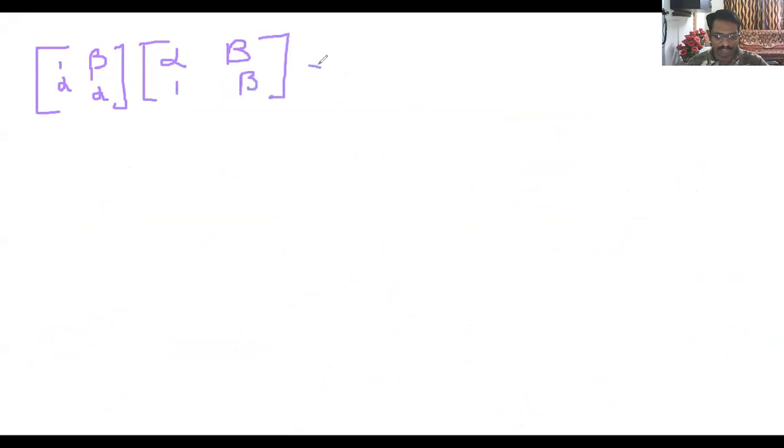So we start the multiplication, and what we get is 1 into alpha and beta into. So the first term is alpha plus beta. The second term is alpha square plus alpha. The third term is beta plus beta square. And the next one is alpha beta plus alpha beta.